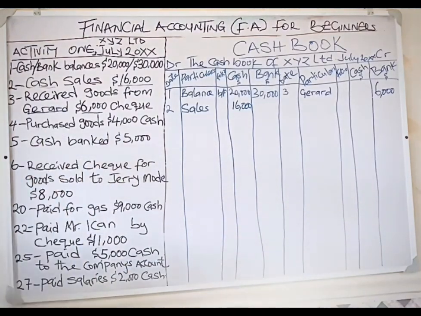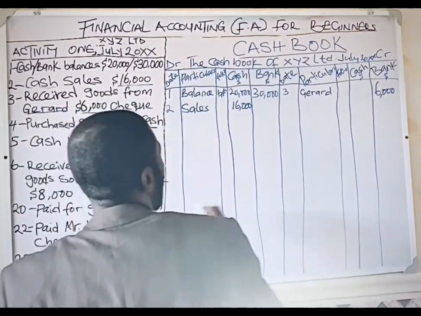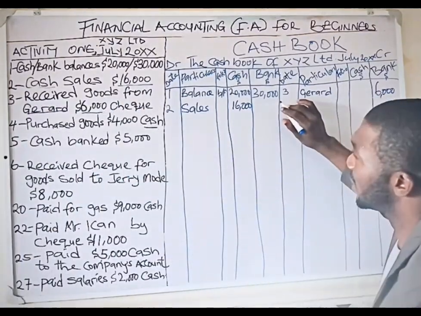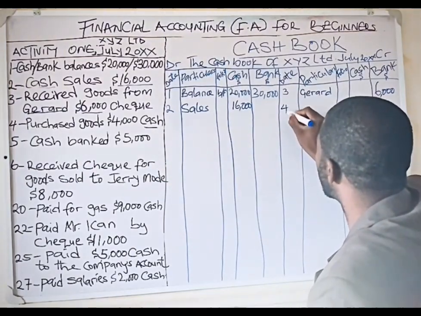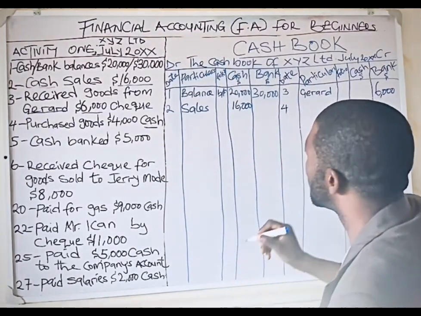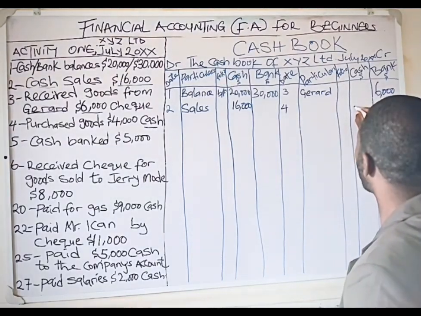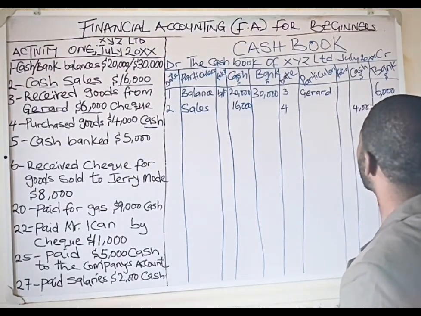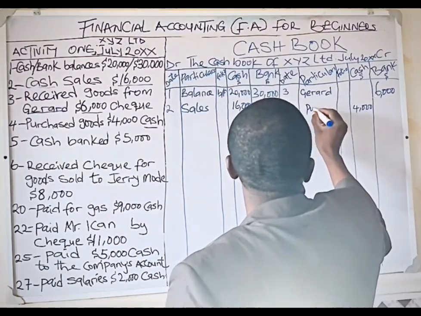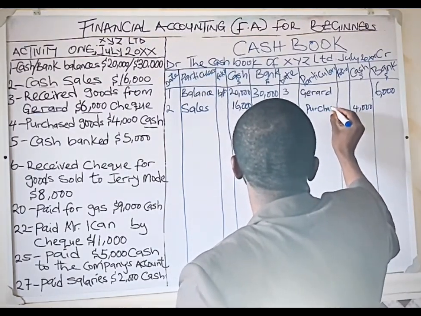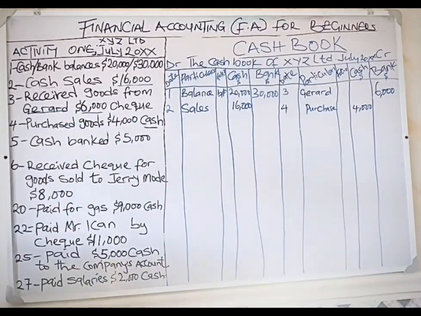So this is a credit transaction under cash column. Now you come to your credit side, you put the date, which is the 4th of July. We give out cash, $4,000 to purchase. I hope that is clear.